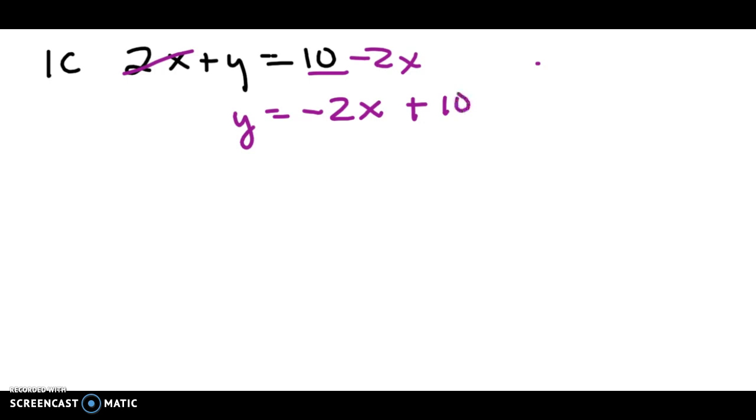The equation does not represent direct variation because it cannot be written in the form y equals kx plus 0. We do not have a 0 constant value. We have this value 10. So this is not direct variation.